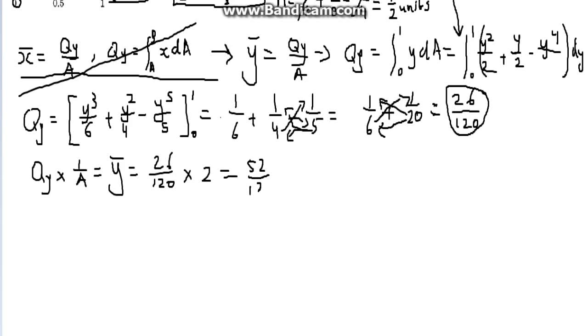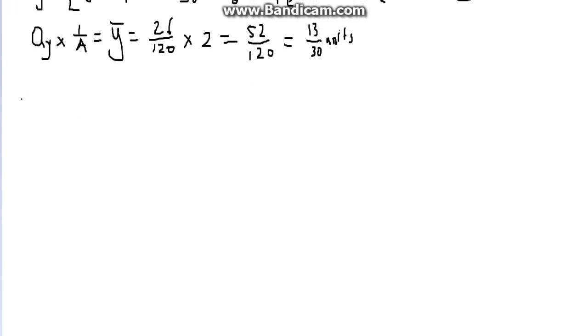And do some quick simplification, you get 13 over 30 units. Okay, and that is our centroidal distance along the y-axis. Okay, so with the messy handwriting, this is Paint I'm using after all, not easy.